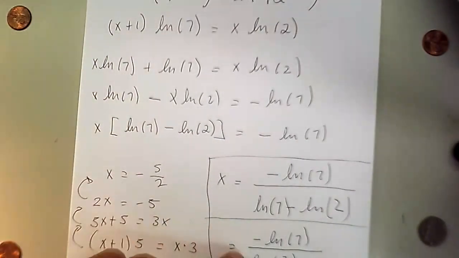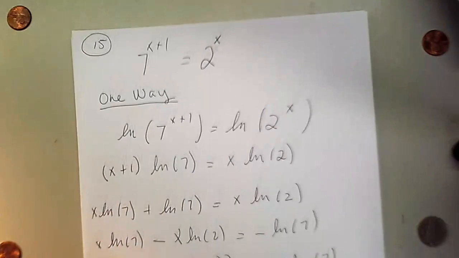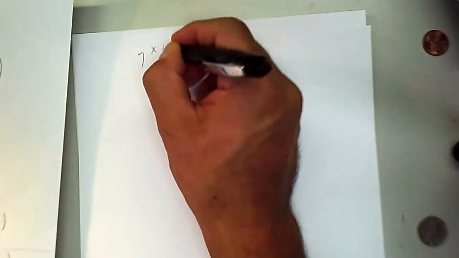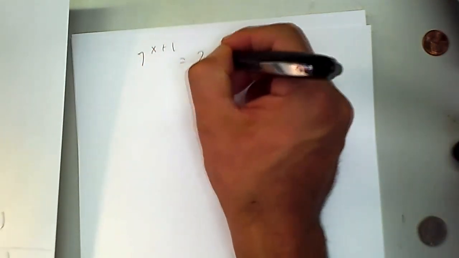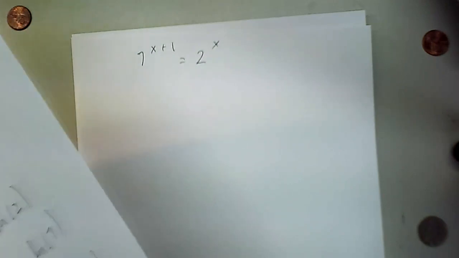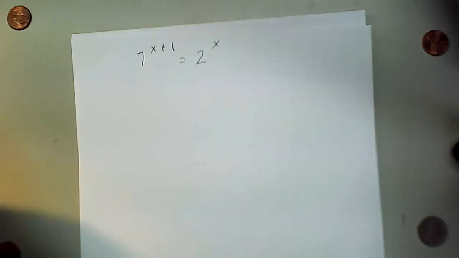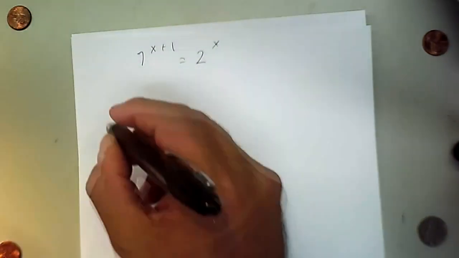This is one way to get the answer. There's another way to get the answer. So 7 to the x plus 1 equals 2 to the x. Another way.